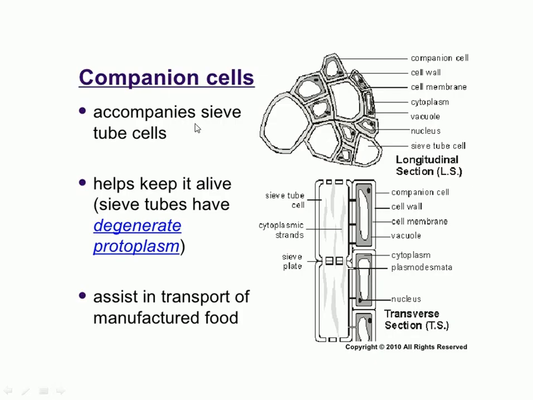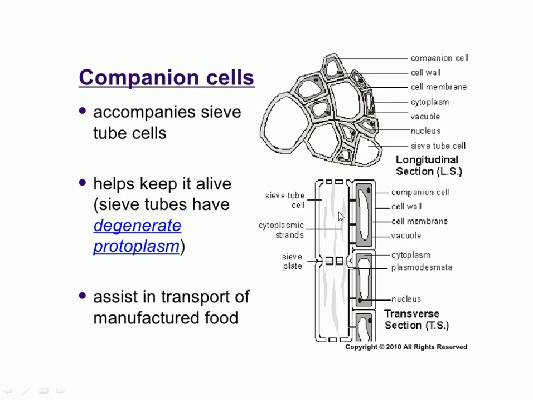Now the second component is the companion cell. The companion cell is associated with the sieve tube element, and it has a prominent nucleus, and this prominent nucleus controls the activity of the sieve tube element inside the angiosperm, because companion cells are present only inside the angiosperms, while in gymnosperms and pteridophytes the companion cell is absent.